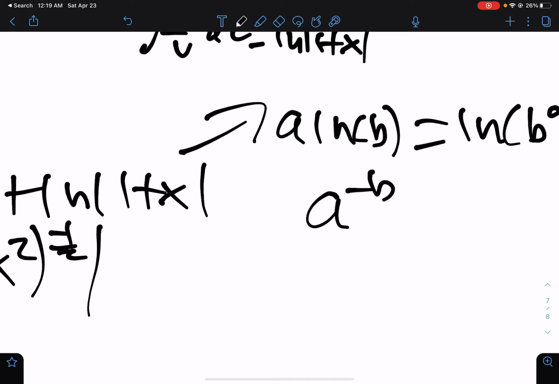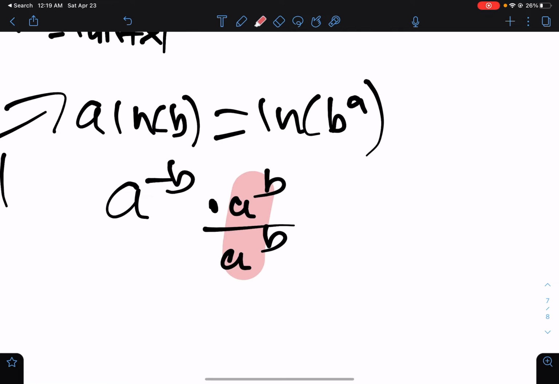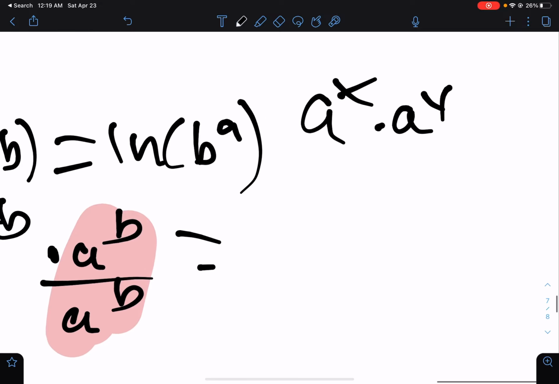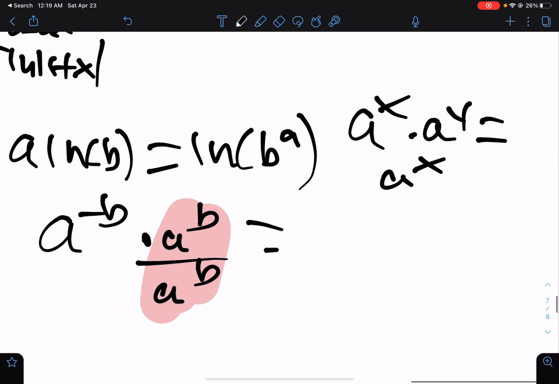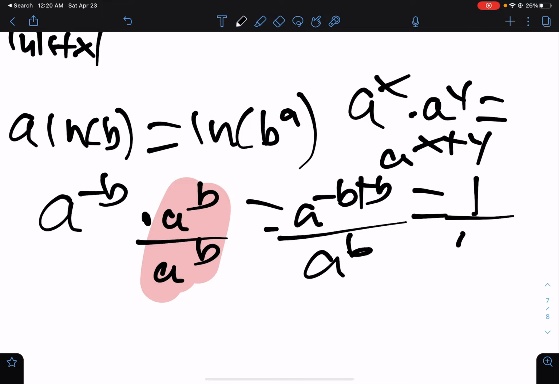You could just think about it like this, right? This is 1, right? a to the b over a to the b. And a to the x times a to the y is a to the x plus y. So you're going to get a to the negative b plus b all over a to the b. So this is a to the 0, which is 1 over a to the b.